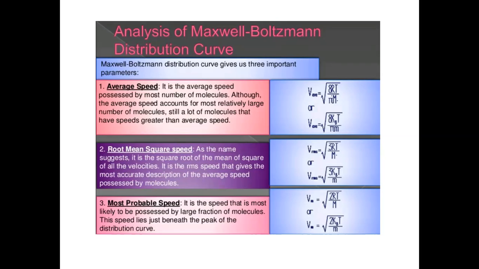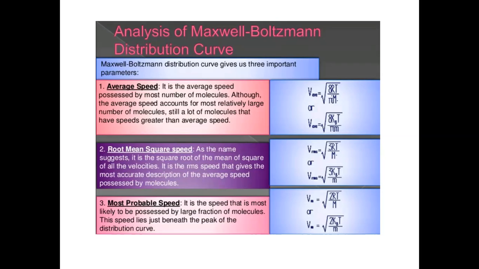And root mean square speed. These are the different types of velocity, students, right? So we must know about these velocities. These velocities just tell us about the molecular speed. The average speed is the average of speeds of different molecules in a gas at a particular temperature, right?